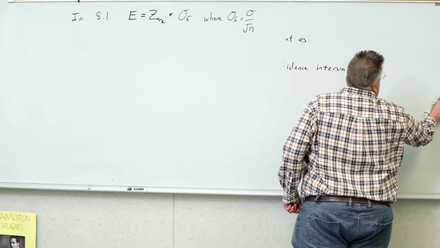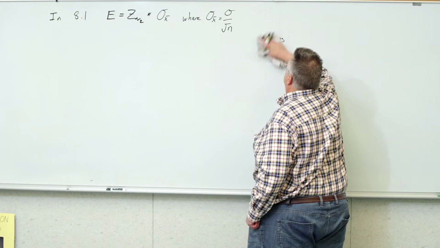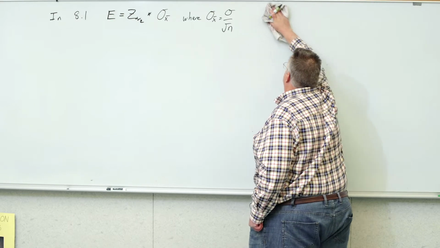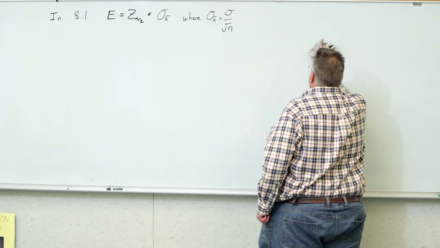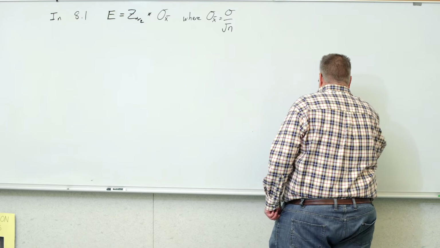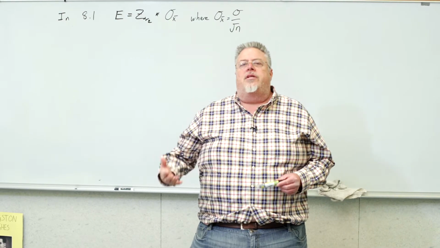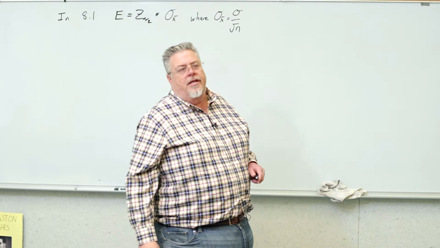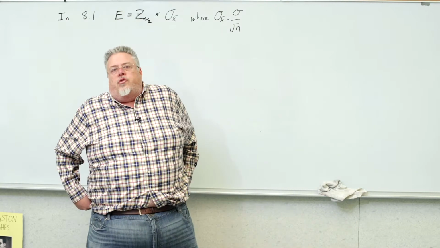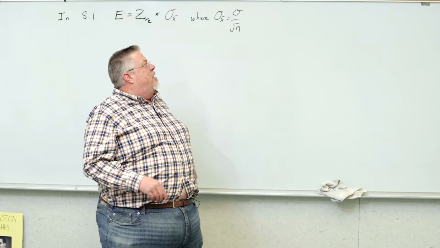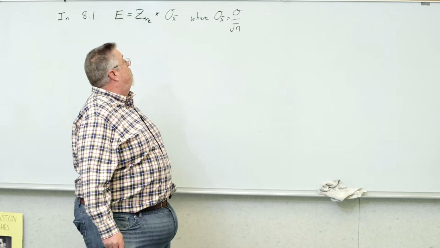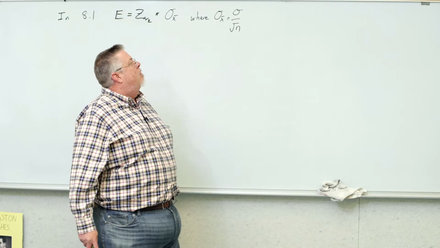And I'm going to suggest, well, let's not even bother with the problems out of 8.1. Now, the reason they do that early on is to get you used to the mechanics of doing a confidence interval. I think we already did that by putting confidence intervals for P first, is we got the mechanics down.